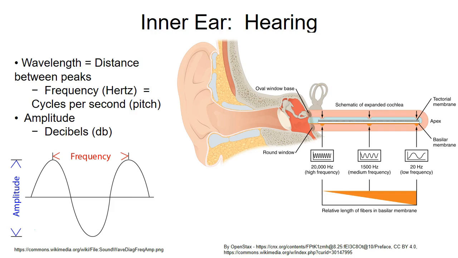The other thing is, how do we distinguish sound versus language, speech? That's something your brain has to discern. Are there any questions on how the cochlea works to map hearing of pitch and amplitude, so loudness? Yeah, go ahead.